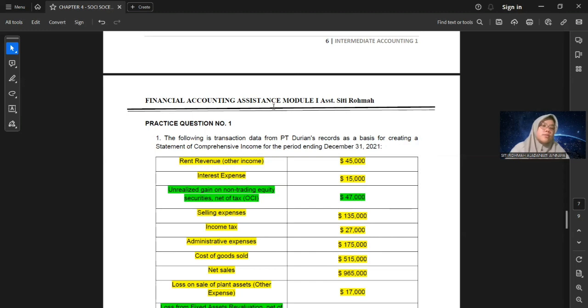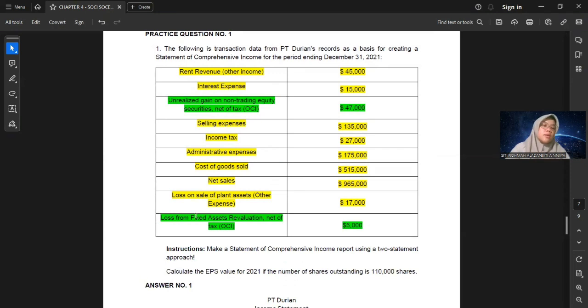According to the instructions, we are making a statement of comprehensive income report using a two-statement approach. There is information or balances for each account.